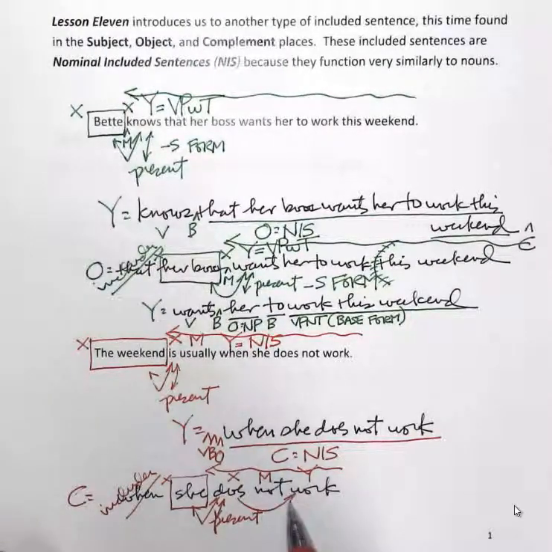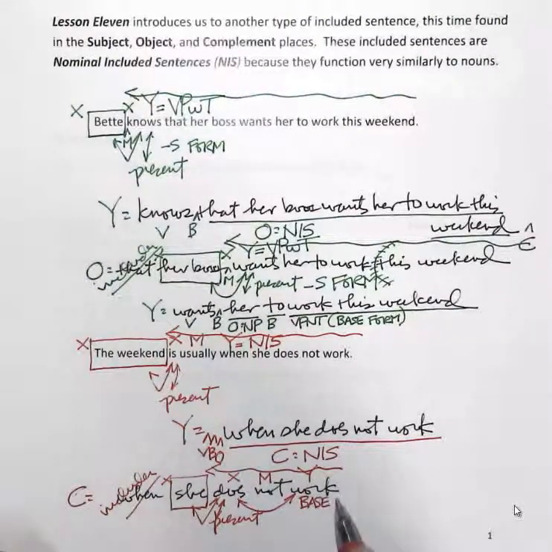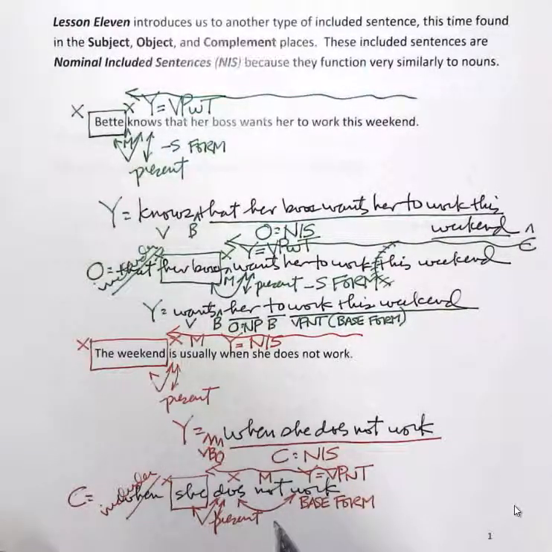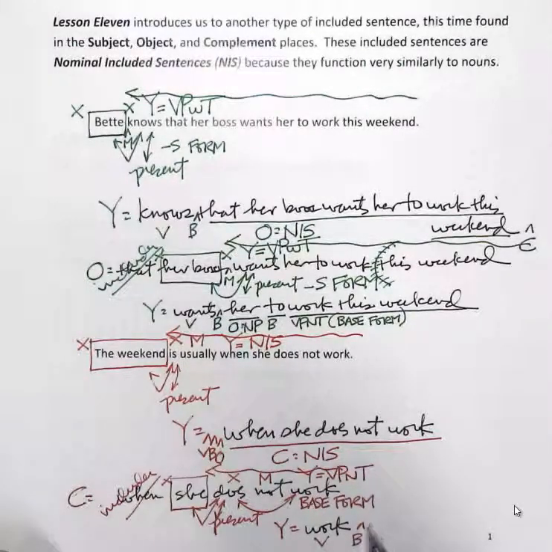Does ties with work. Base form. Why is a verb phrase. No time. And now let's rewrite the Y. Work. Work is the verb. The particle, object, and complement places are empty.